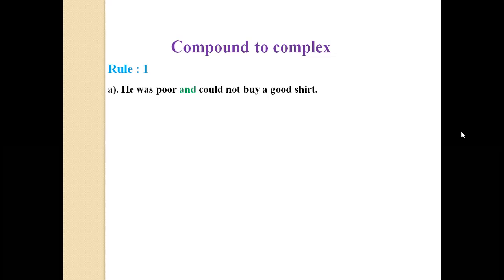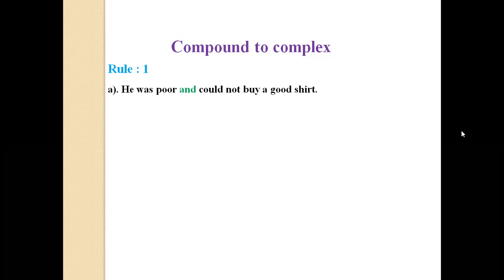If in a compound sentence one clause is the reason of another clause, or one clause indicates the cause of another clause, then you will turn it into complex in this way. Use since or as at the beginning.